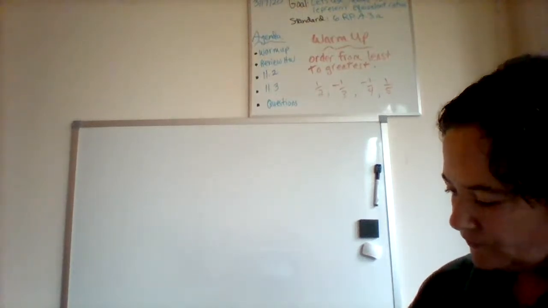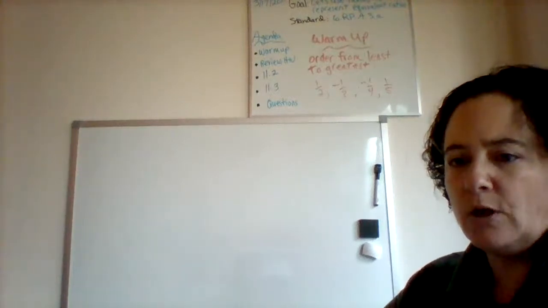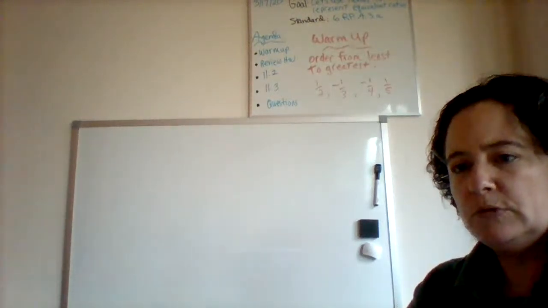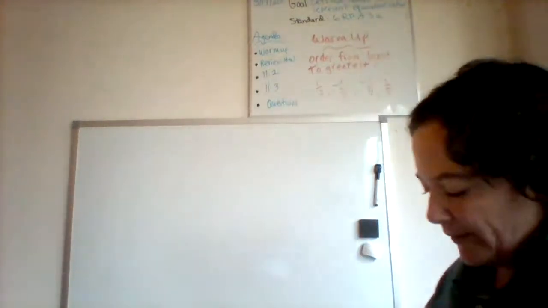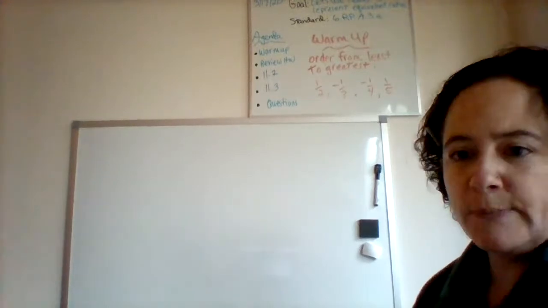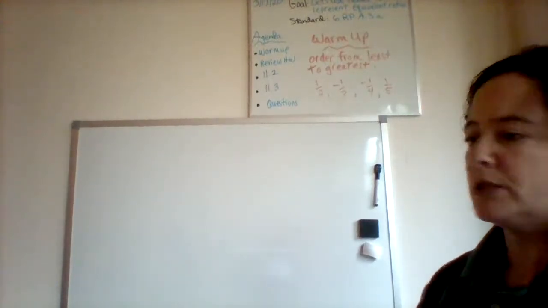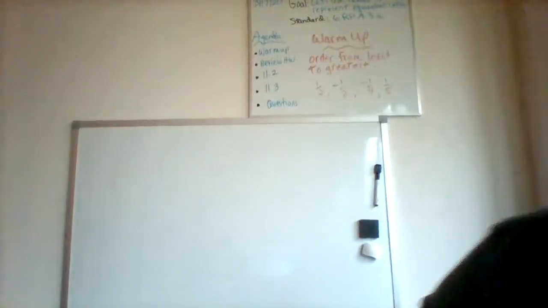Yeah. 900. So for letter A, 900. Nice job. Now for this one, they didn't give you a double number line. So let's make a double number line for this one. This one is a little messier because the numbers are not as nice.